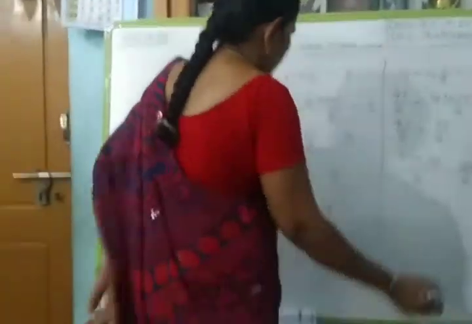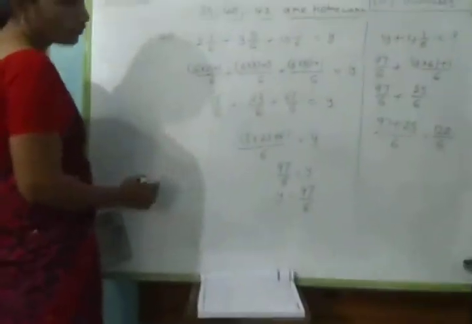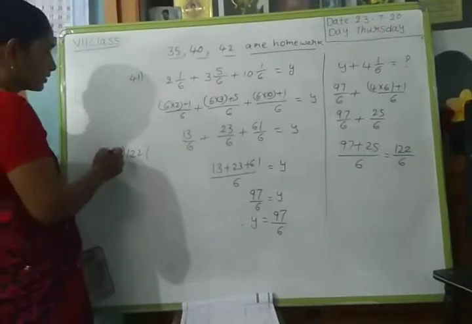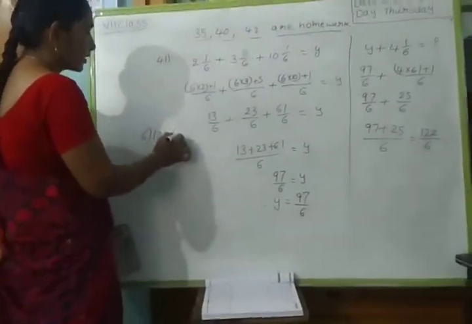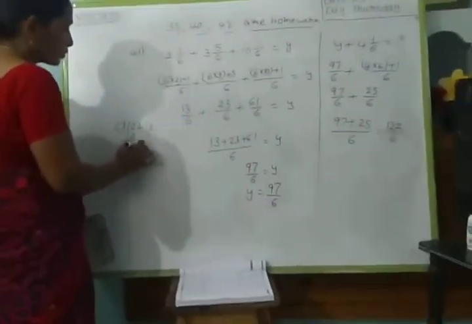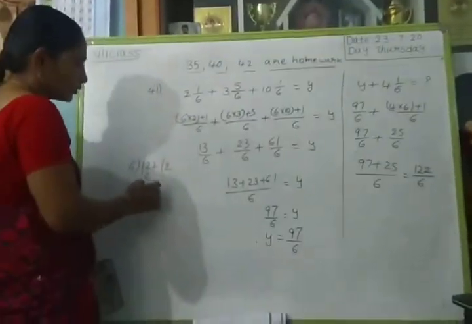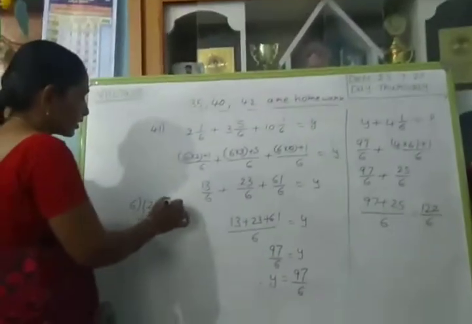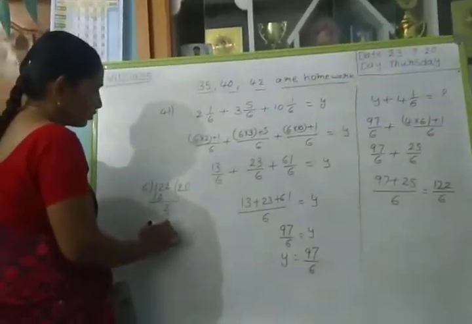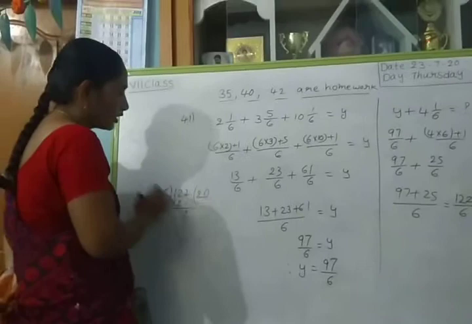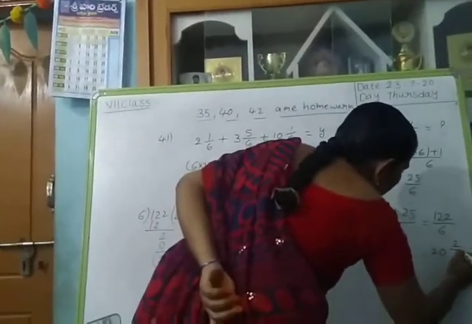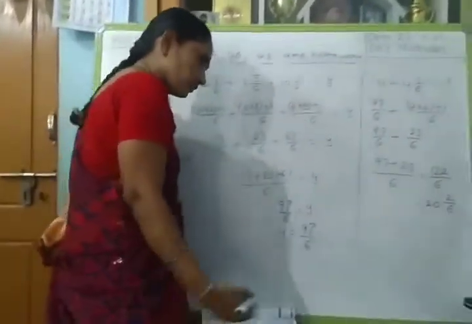Here the options they have given are in mixed fractions, so convert into a mixed fraction. 122 divided by 6: 6 20s are 120, remainder 2. So 20 and 2 by 6.